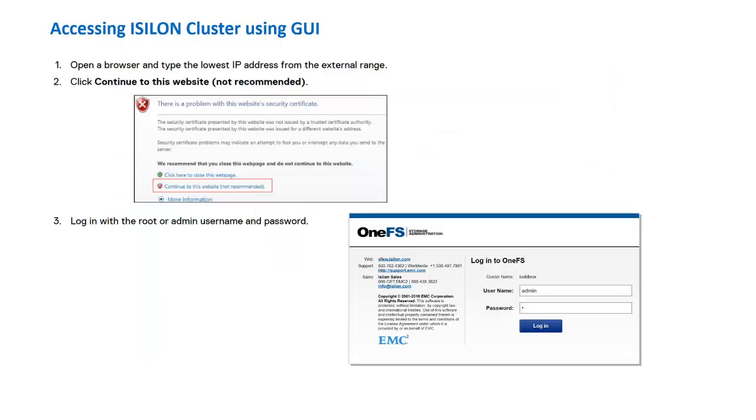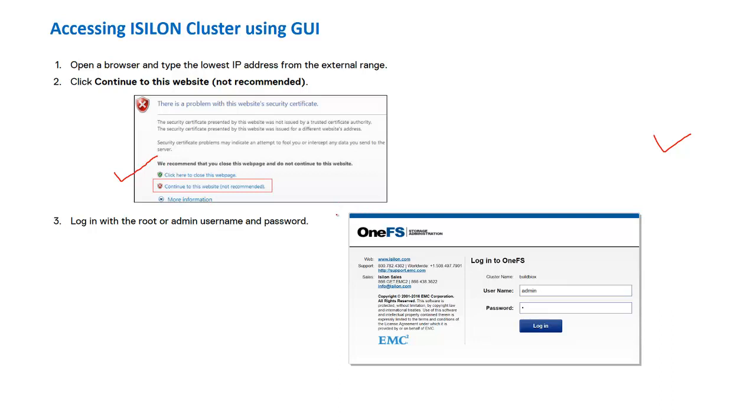And once the simulator is installed and the cluster built, you can access this ISILON cluster using the Smart Connect zone name if it was configured at the time of installation, or you can use the Smart Connect service IP, or you can use the node IP. Once you type that node IP or Smart Connect service IP in the browser window, it will show a pop-up window regarding the security certificate.